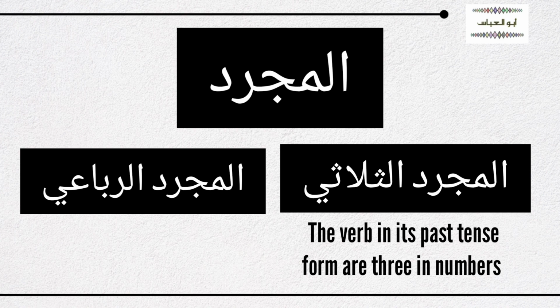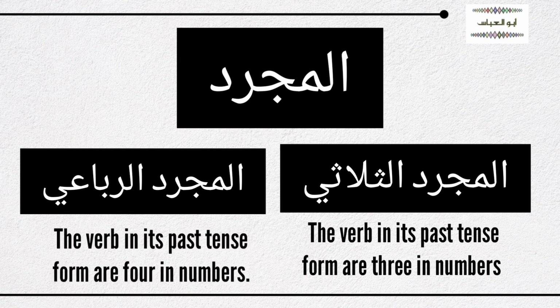Ar-ruba'i means that the letters in the verb in its past tense form are 4 in number. So when I say al-fi'lu al-mujarrad al-thulathi, I'm saying that verb that is mujarrad and has 3 letters in its past tense form. When I say al-ruba'i, it means that verb that has 4 letters in its past tense form.